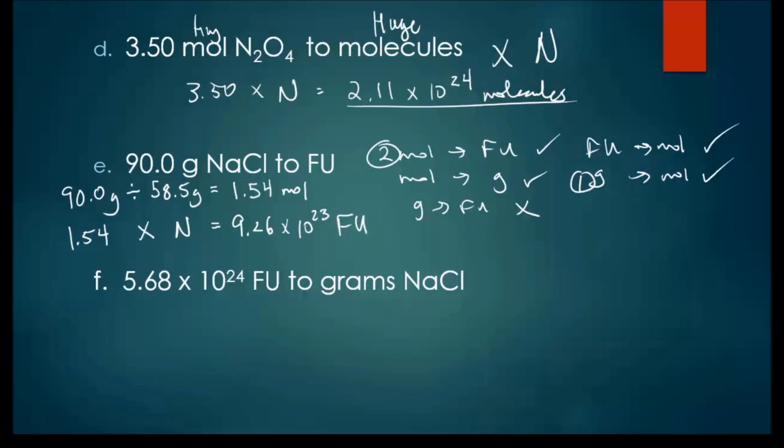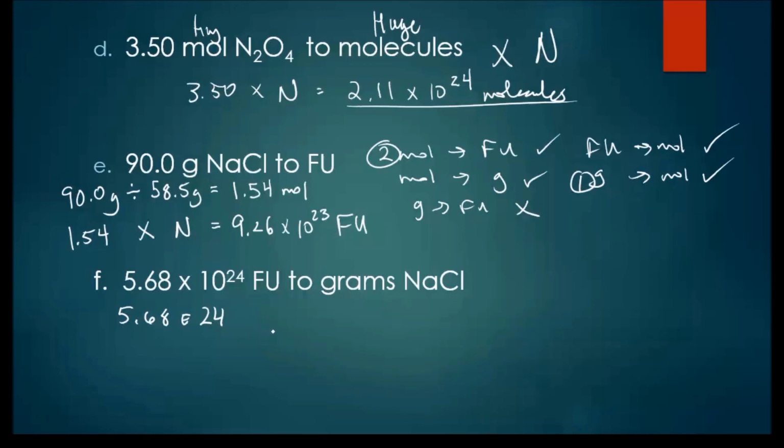All right. So we have to go through the mole. What about this one? FU to grams. Can you go FU to grams or grams to FU? No. So we have to go through the mole. 5.68 little e 24. To get it down to mole, what are we going to have to divide by?